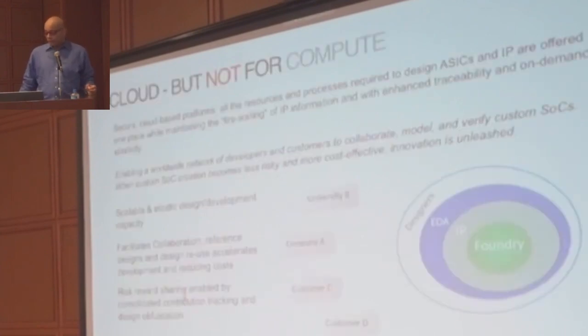So the number one thing that we did, this was early, in 2015, we said, okay, we're going to use the cloud, but the cloud typically is associated with compute. So elastic compute, surge compute. Well, guess what? Everything else about the cloud is actually very useful.